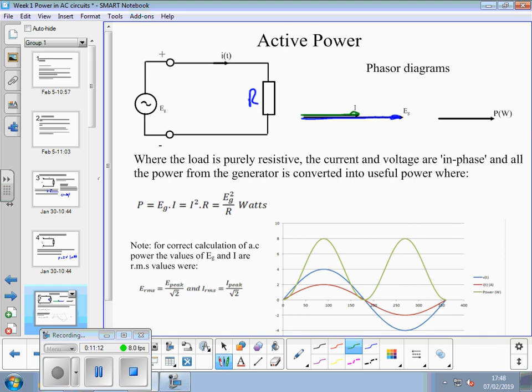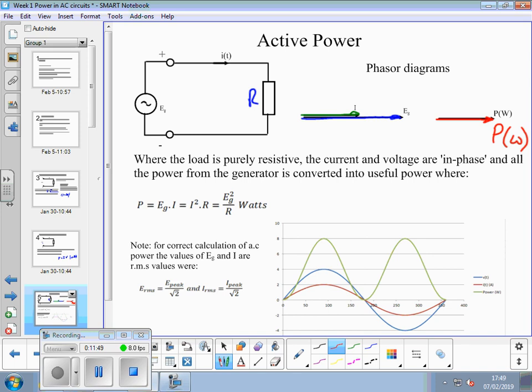And the convention is that 0 degrees is represented by left to right on the horizontal axis in terms of phasor diagrams. We might drift a little bit away from that when we talk about 3-phase systems later on, but generally 0 degrees is that left to right on that axis. And therefore we have an active power phasor there that is also horizontal, and it is P in watts.